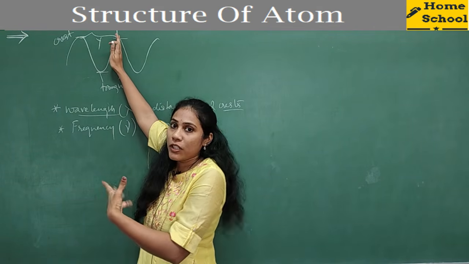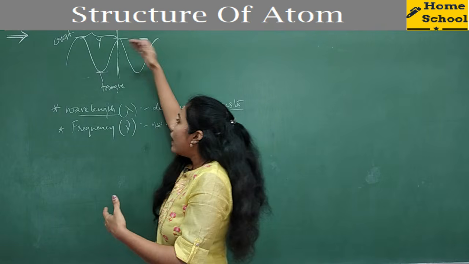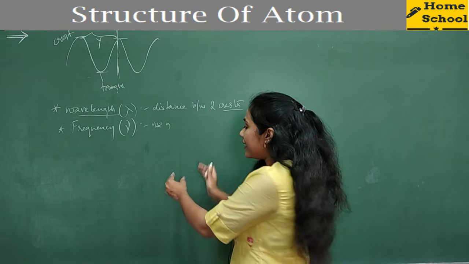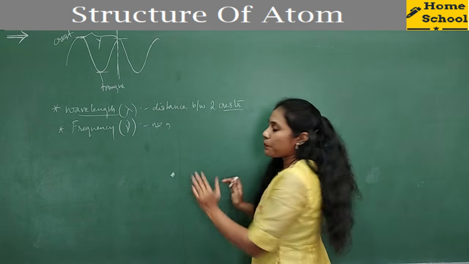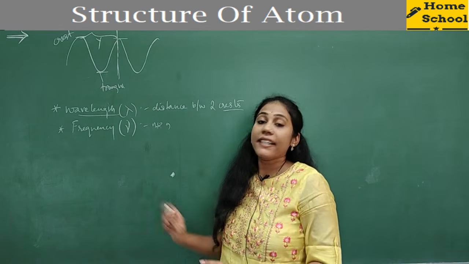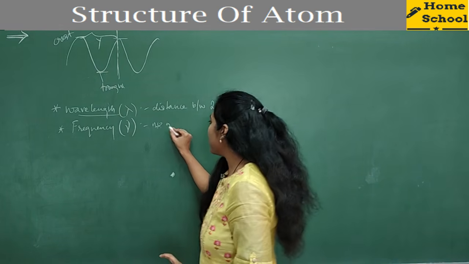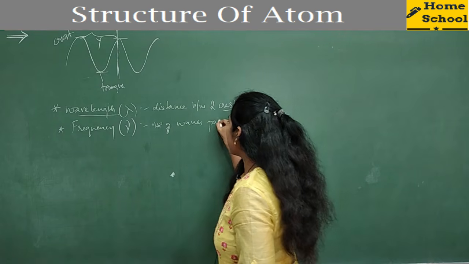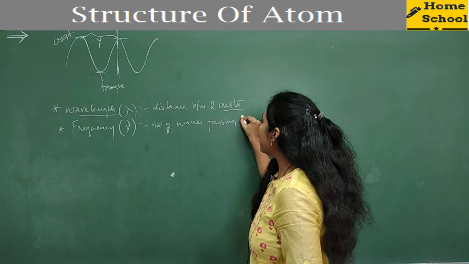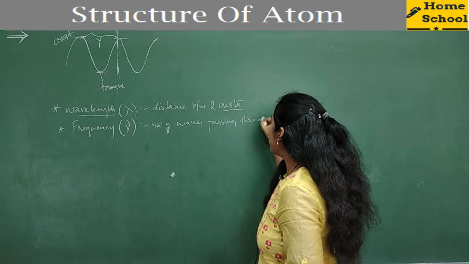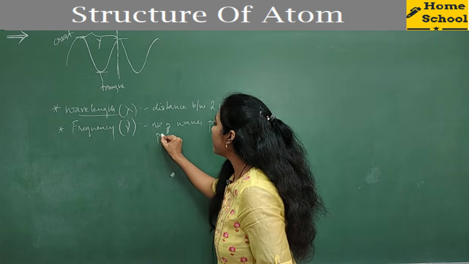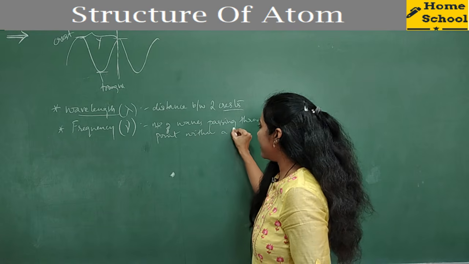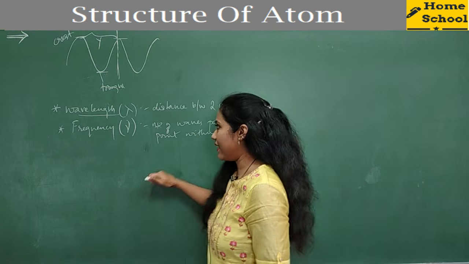This much particular portion of a wave. How many waves you observe passing through this point within 1 second is our frequency. So, number of waves passing through a point within a second is called frequency.